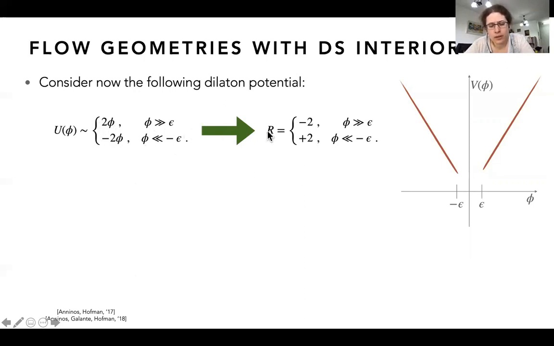You remember that the equations of motion were saying that the Ricci scalar is essentially proportional to the derivative of the potential. And so in this case, you can see that the Ricci scalar is piecewise negative outside, I will show what outside means in a second, and positive inside. So it's really a transition between de Sitter space and ADS space.